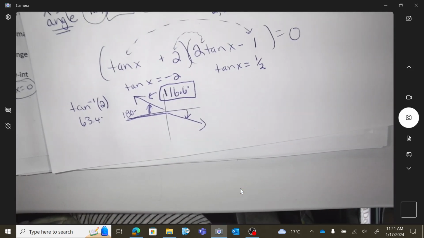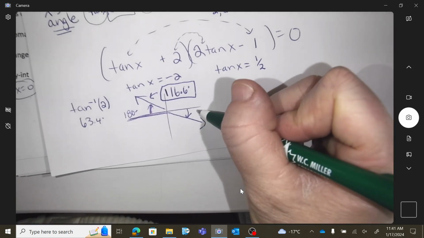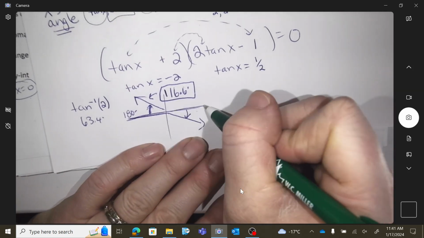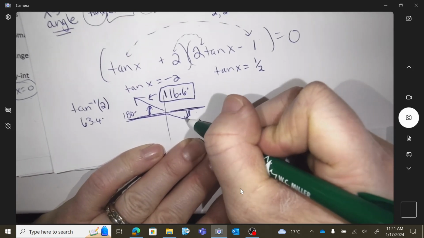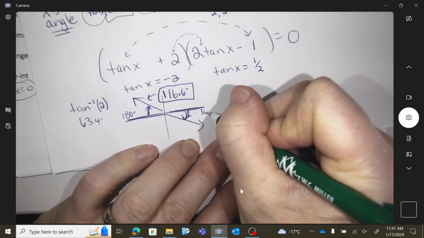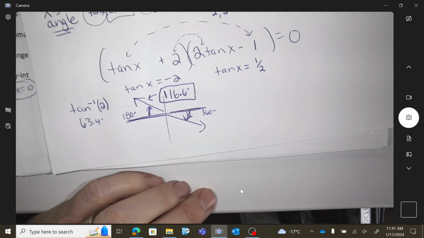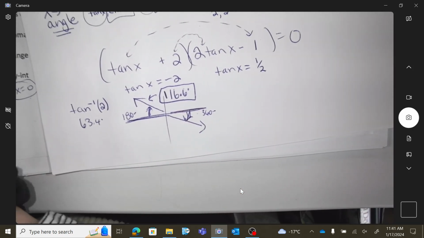So 116.6 degrees is that one. And on this one, what do you do to get it? What's this line? We are 360 minus. You're less than 360.